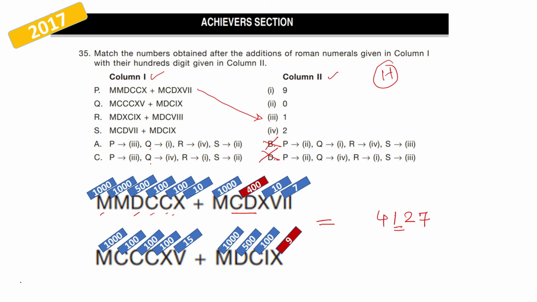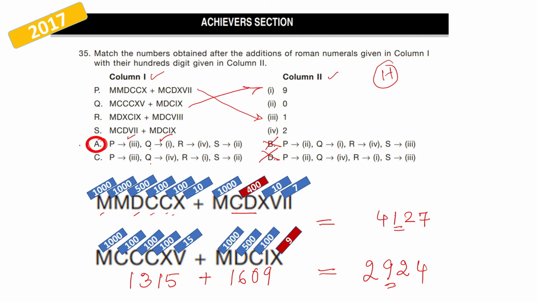So the first one is 1315 and the other one is 1609. Now when we add this together, it is 2924 and this is my hundreds place, which is 9. So Q matches 1. So according to this, P is 3 and Q is 1 in option A. So this is our right answer.